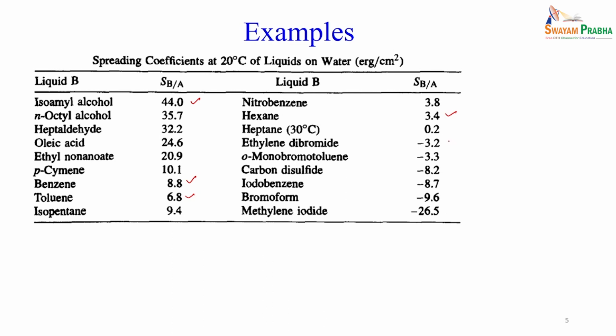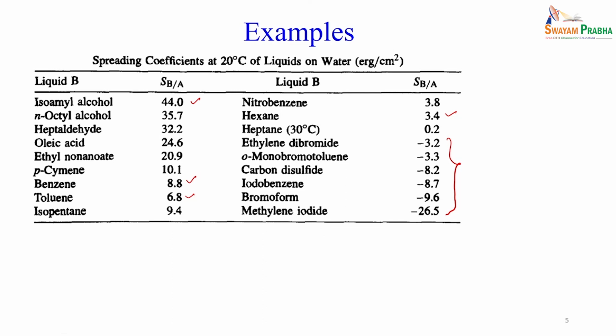But from here onwards it goes negative: ethylene dibromide, methylene diiodide, bromoform, iodobenzene, carbon disulfide have a negative spreading coefficient.